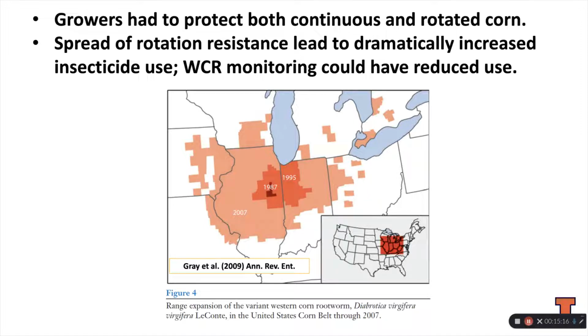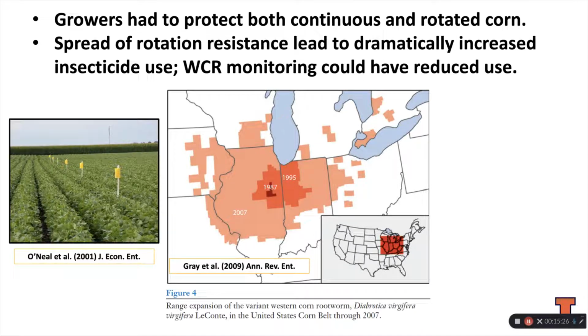This insecticide use could have been perhaps reduced if there was some monitoring, because not all fields were heavily infected with rotation-resistant rootworms. A monitoring tool using sticky traps was developed by Matt O'Neill, who's now at Iowa State, when he was a graduate student here at University of Illinois.